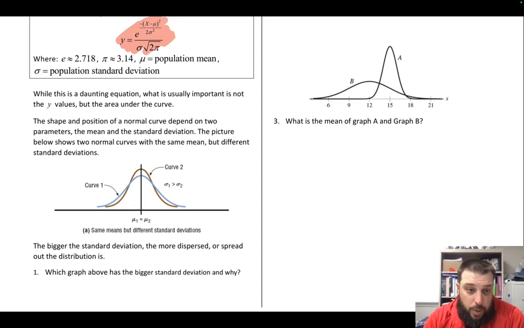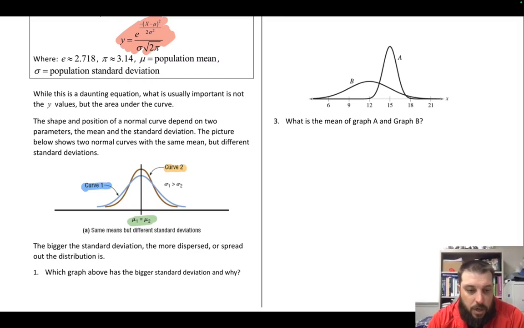All right, so the shape and position of a normal curve depend on two parameters, the mean and the standard deviation. So not every normal curve or normal distribution is built the same. So below we have two pictures. We have curve 1 and we have curve 2. Notice the means are exactly the same.